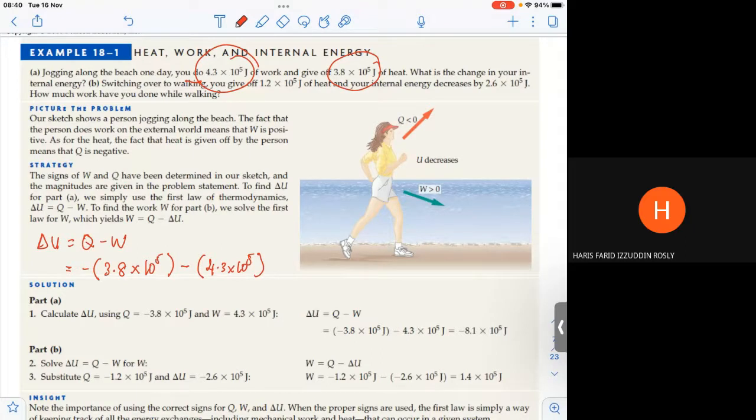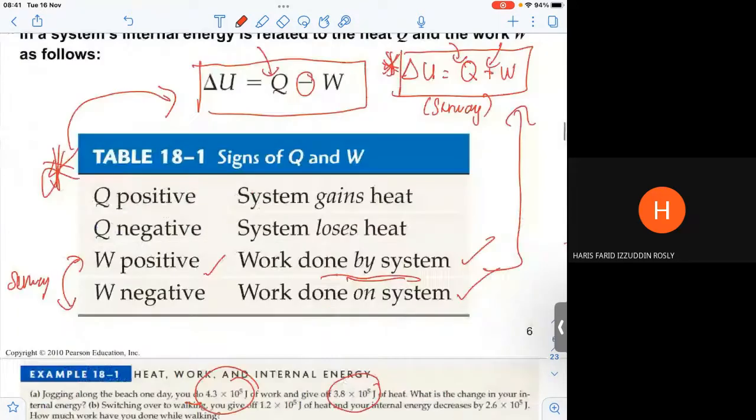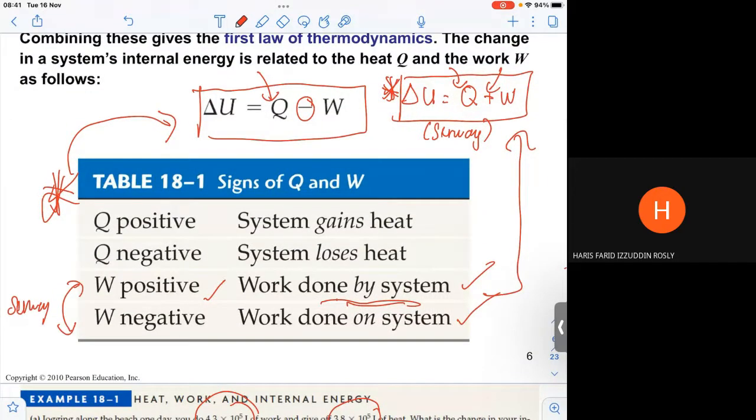What happens if you are using the survey textbook's equation? Now you have delta U equals Q plus W. At Q, if you give off heat, it becomes negative 3.8 times 10 to the power of 5 joules plus W, but according to the survey textbook, if you do the work, then W will become negative.